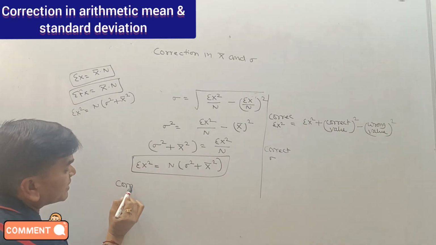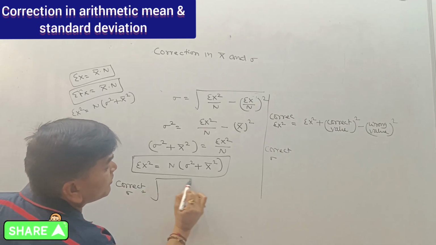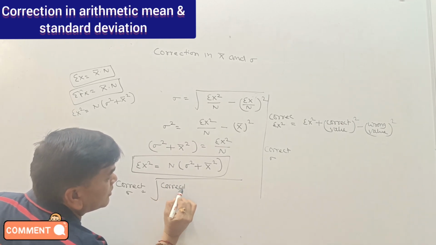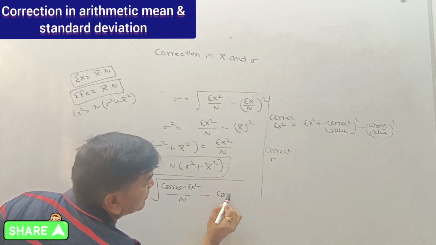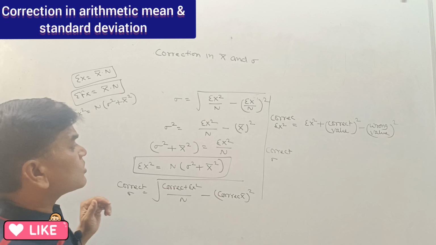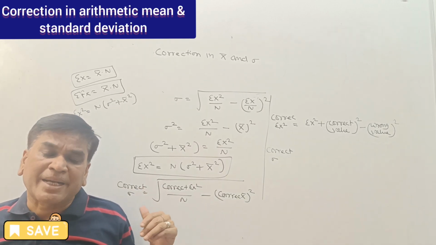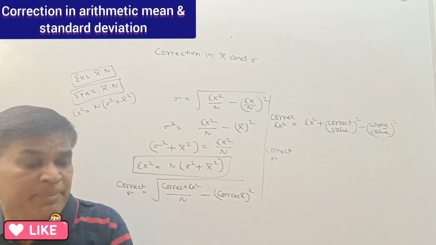For getting the correct standard deviation, we put the correct sigma x square divided by n minus the correct x bar square. So with the help of this, we can correct our standard deviation and our arithmetic mean.